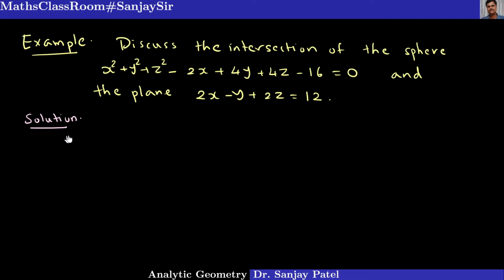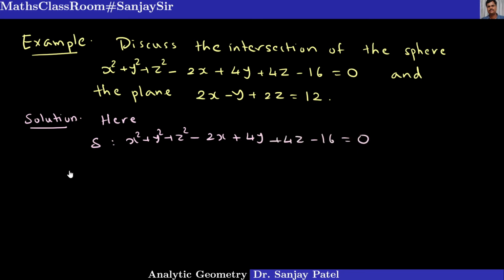Here, for the sphere S, let me call the sphere S, is x square plus y square plus z square minus 2x plus 4y plus 4z minus 16 equal to 0. So the center of this sphere is C, that is minus u, minus v and minus w, given by just dividing the coefficients of x, y, z by 2 and changing the sign.